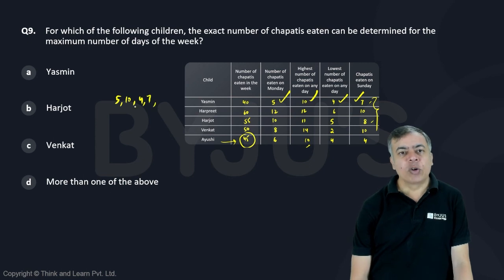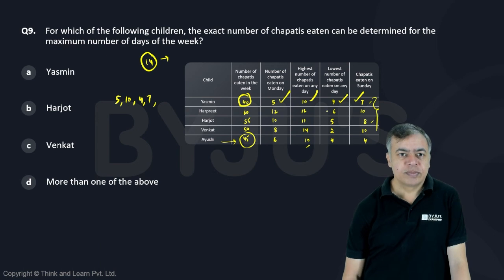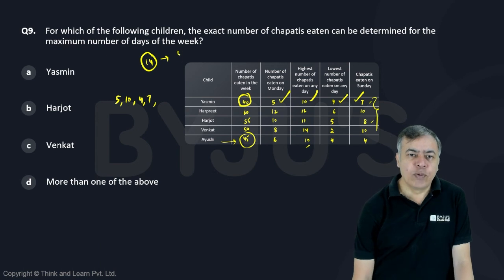But now how many total have we already taken? It is 15 plus 11, 26. And the total number of chapatis Yasmin is taking is 40. So the remaining is 14. So remaining 14 chapatis in 3 days, where the minimum number of chapatis it will take is 4. So minimum 4.